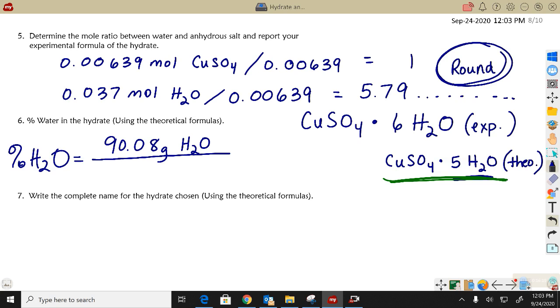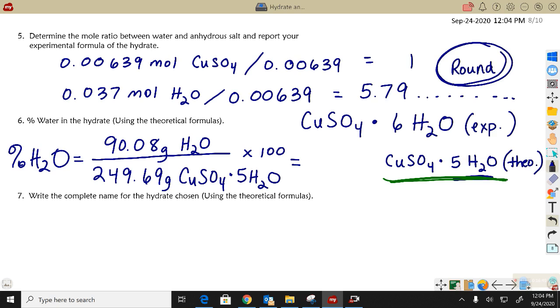Okay, so my total mass of the whole thing should be about 249.69 grams. That's the copper sulfate plus the mass of the 5 waters. We'll divide, multiply by 100 to make it a percent. And now with a percentage like this, I don't have any measured data. I didn't measure any of this. It all came straight off the periodic table.